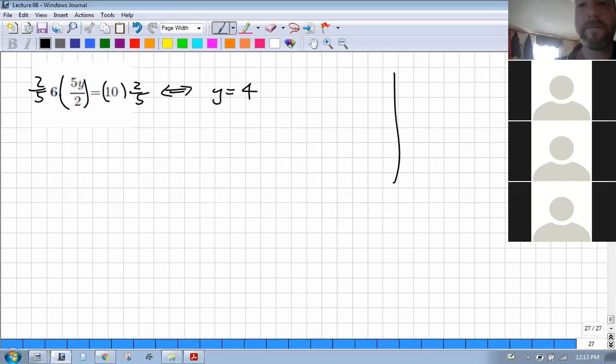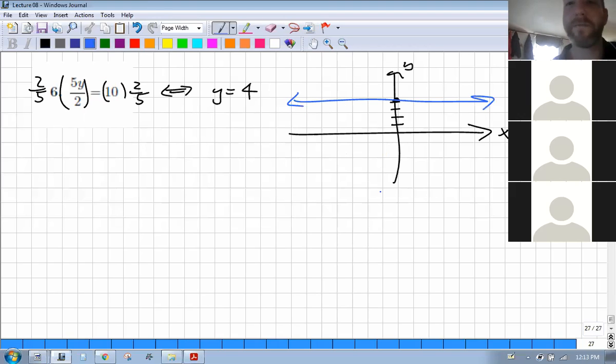To graph that, there's an x, there's a y. We want all the points where y is 4. 1, 2, 3, 4. This point is (0, 4). 1, 2, 3. This point here is (3, 4). 1, 2.